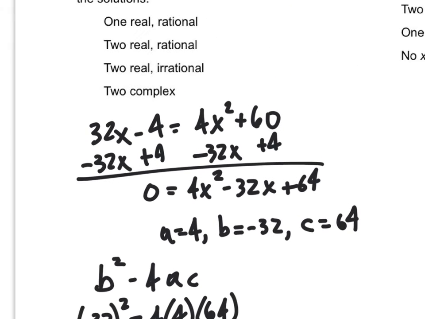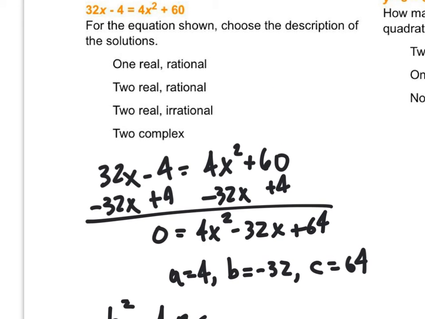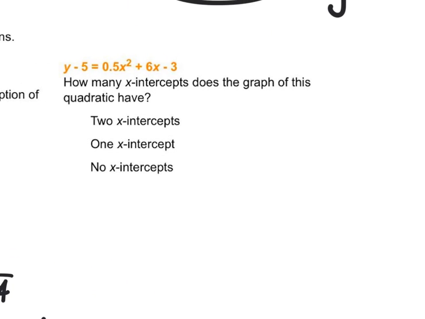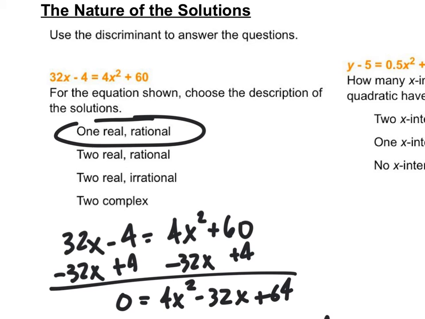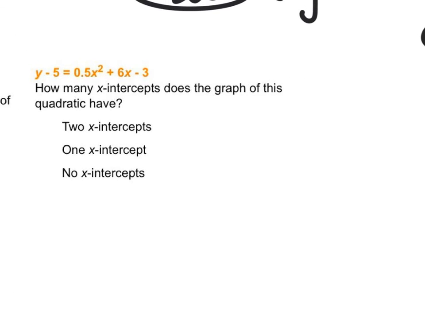So I get one real rational solution. The question over here asks how many x-intercepts you have. Well, that's the same thing as finding how many solutions you have. They mean the same thing.